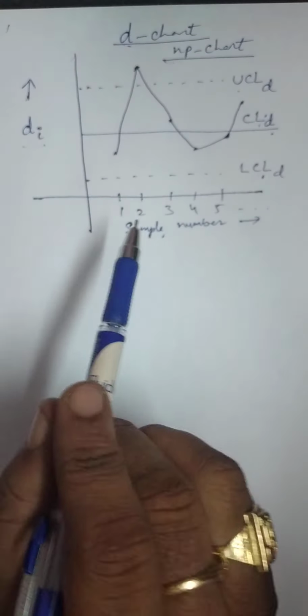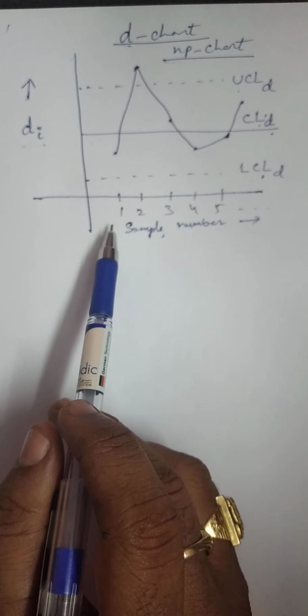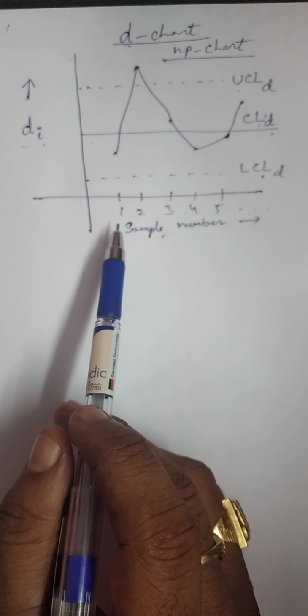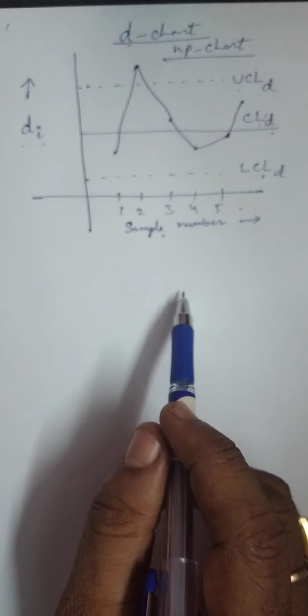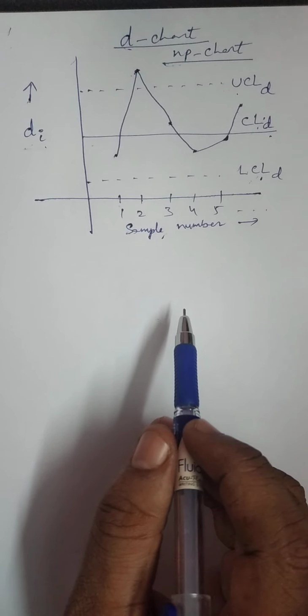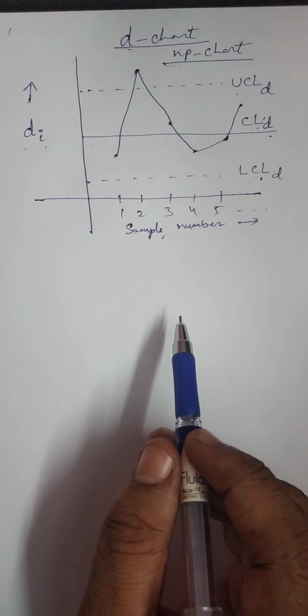Okay, fine. Now come to the part of interpretation. If all the sample points fall within the control limits, that is between UCL and LCL, between these two dotted lines, then we say the process is under statistical quality control.